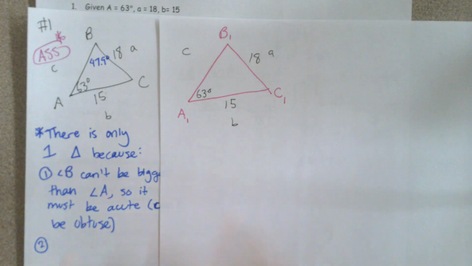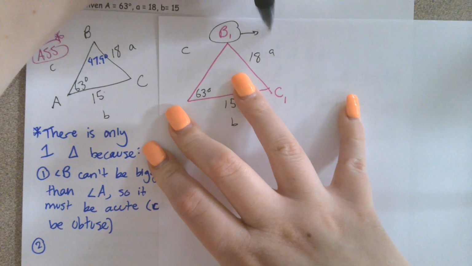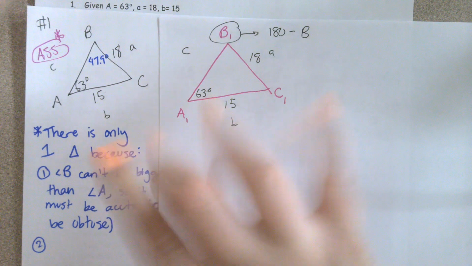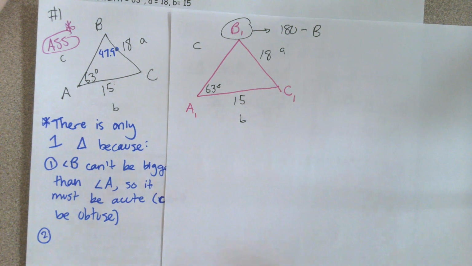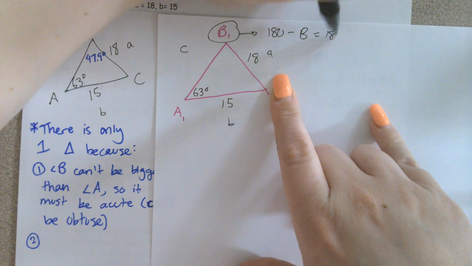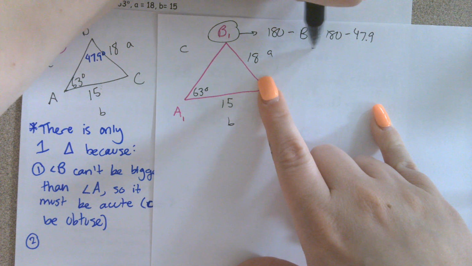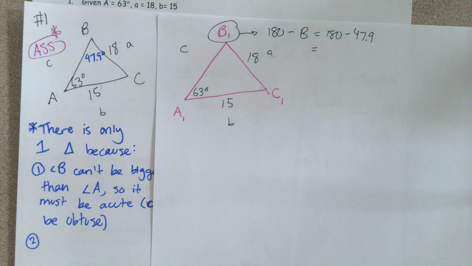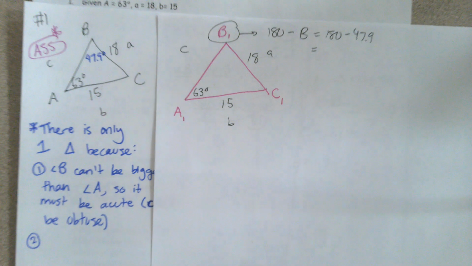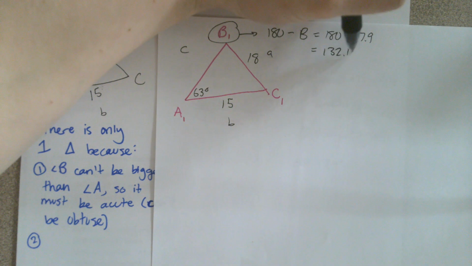So instead, we get this by doing 180 minus the original B I got, the other angle. So it's 180 minus 47.9, which is 132.1 degrees.